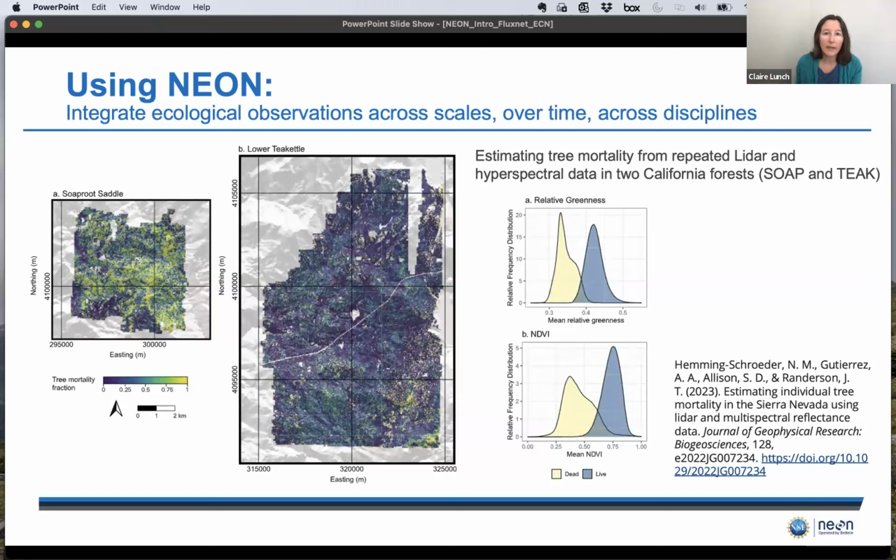So what they're doing here is trying to estimate mortality from those LIDAR and reflectance data. Just briefly, these are the Soaproot Saddle and Teakettle sites of NEON. Teakettle is significantly higher in elevation, and they're estimating much higher mortality at the lower elevation site.